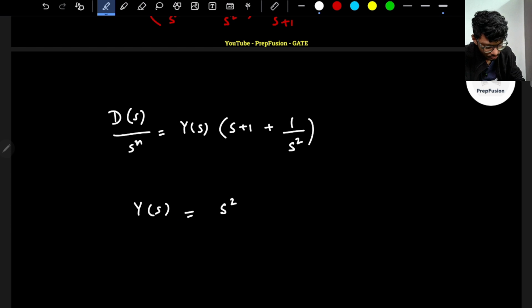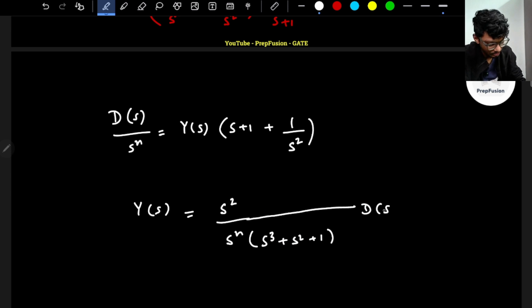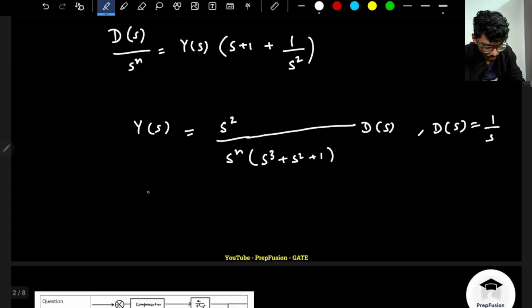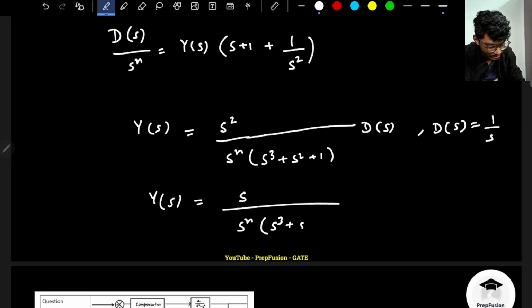This will be s square divided by s raised to power n into (s cube plus s square plus 1), into d of s. Now your d of t is unit step, so d of s will be 1 by s. Okay, so if your d of s is 1 by s, this will become s divided by s raised to power n into (s cube plus s square plus 1).